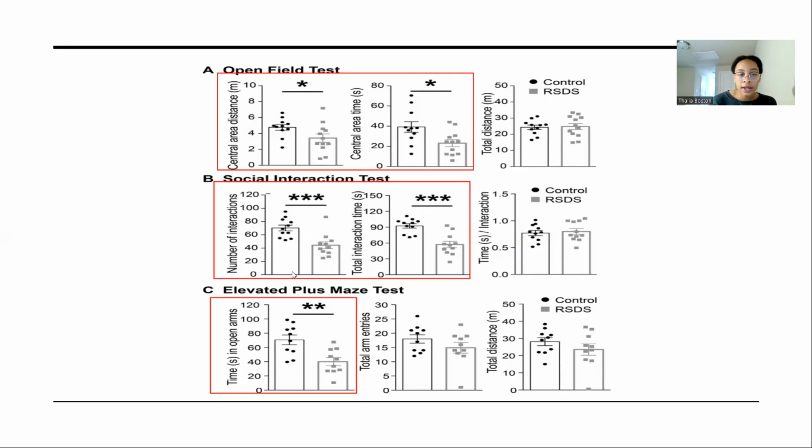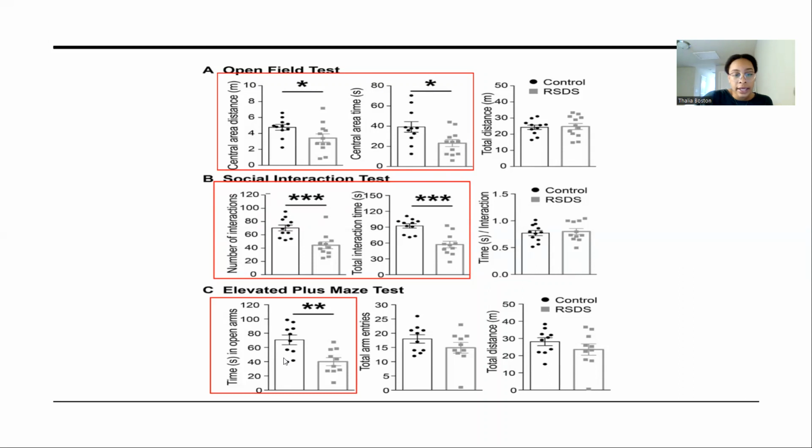In the social interaction test, there are a lot of significant differences between the control group versus the experimental group, as there is a high number of interactions in the control group because they didn't submit, but in the group where they did submit, there's a low standard deviation, and that just shows that they wanted to stay more to themselves, which then shows anxious behavior.